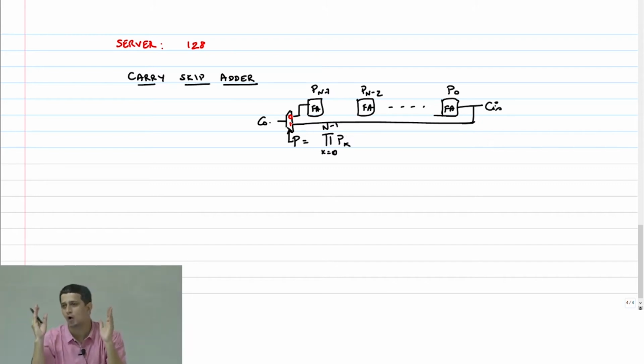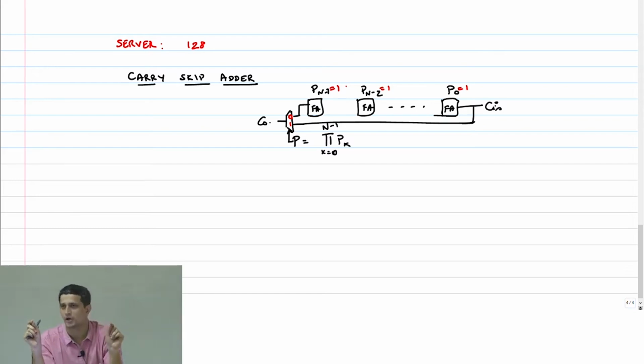The worst case delay now, what is the worst case delay here, by the way? Tell me. At least in what mode should each of these N adders be in? If everything happens to be in propagate mode, that is this equal to 1, this equal to 1, then how long will the carry out take to settle? It's going to take 1 unit of time to create all the propagate signals.